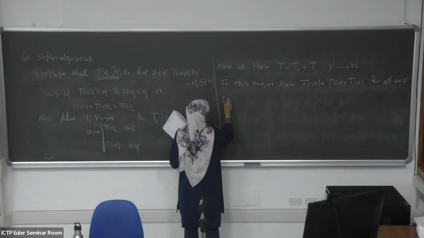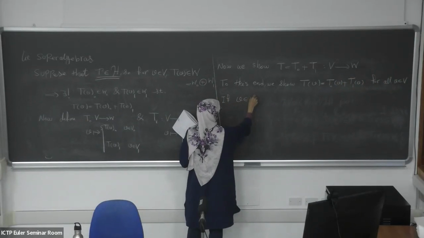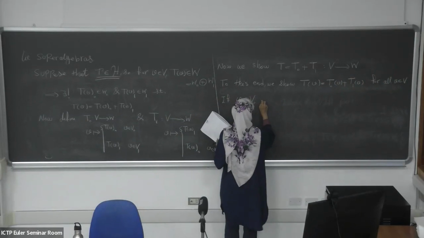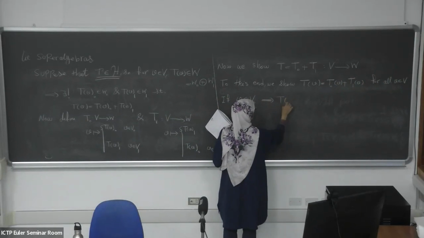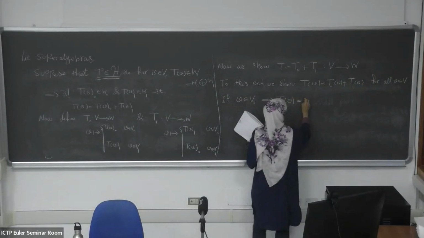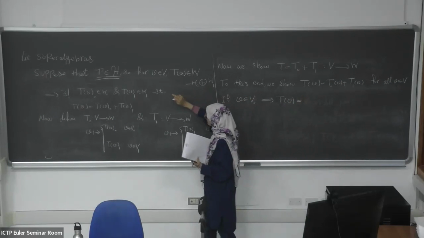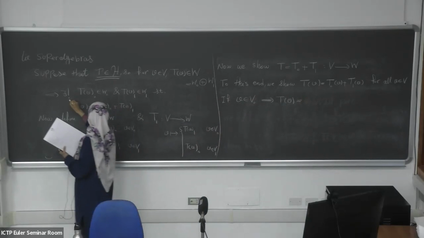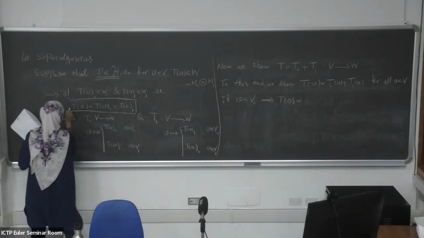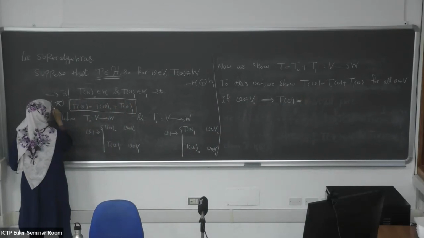If v is an element of V0, we have Tv equals, we had this here. Let me call it a star.